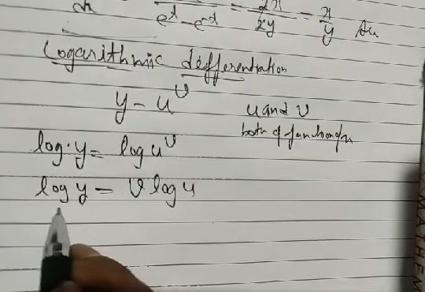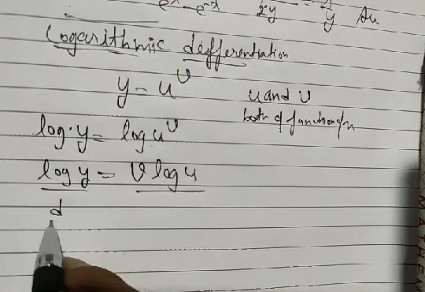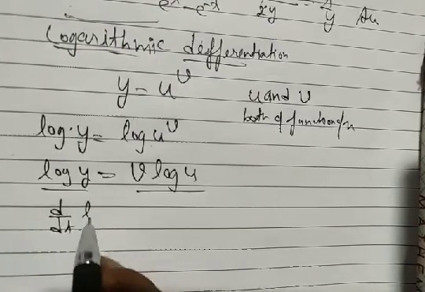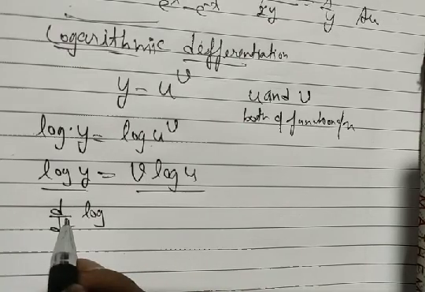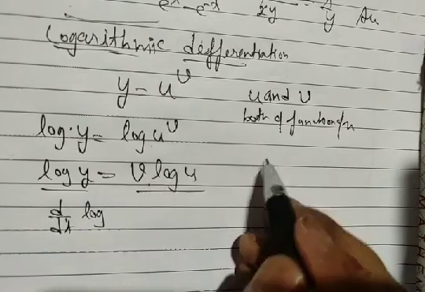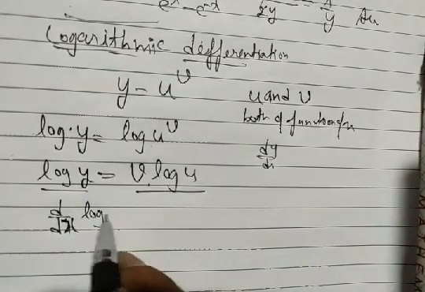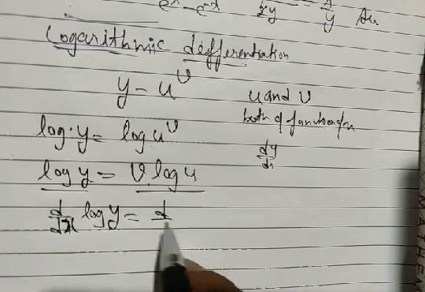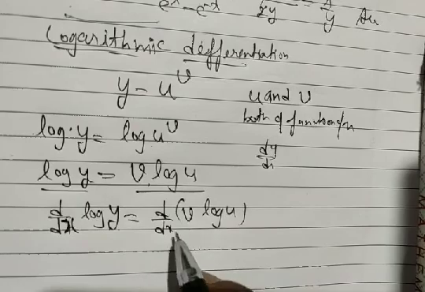Then we take the derivative of both sides. Since we have to find dy/dx, we take the derivative with respect to x, d/dx of log y and d/dx of v log u.